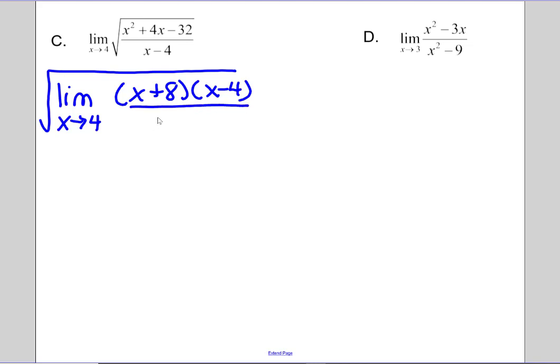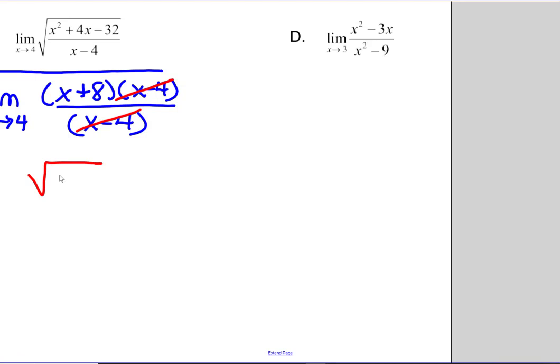We can take out the x minus 4 common factors. Substitute 4 in there. So the limit as x approaches 4 is the square root of 4 plus 8. That's the square root of 12, and the square root of 12 would be 2 square roots of 3. I didn't turn my color back.